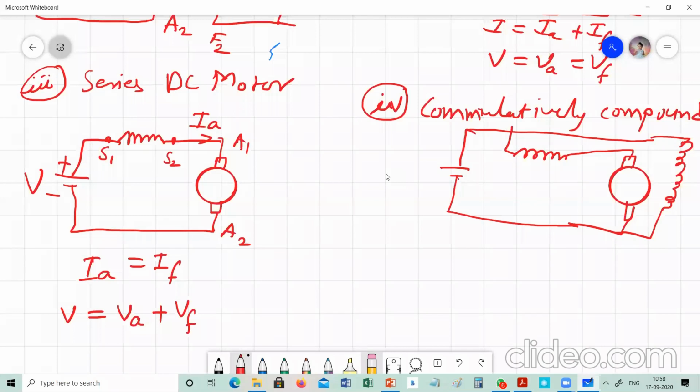You can observe here, this winding is in series, so its terminals are S1, S2, and this winding is in parallel, so its terminals are F1, F2.